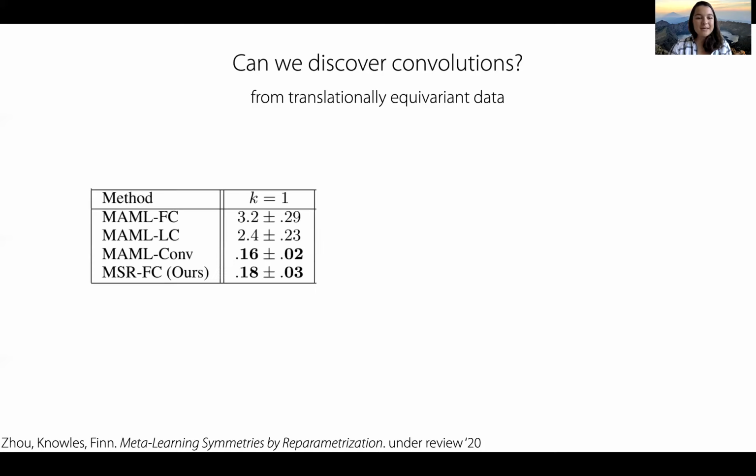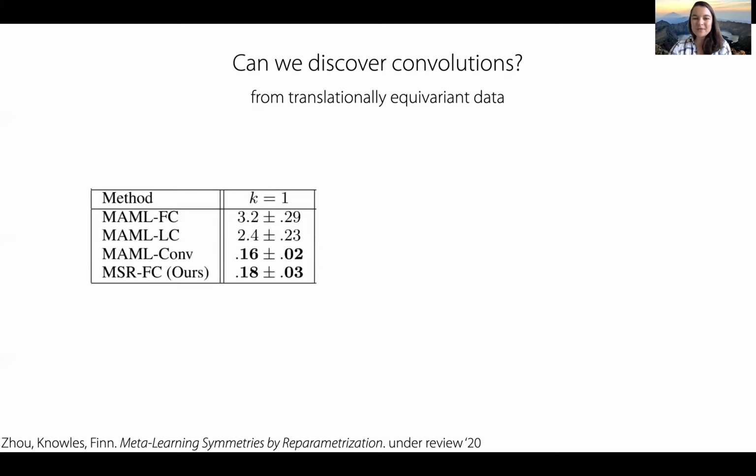And what we see is, if we compare MSR starting with a fully connected architecture to MAML with fully connected layers, locally connected layers, and convolutions, MSR is able to achieve performance that is comparable to MAML with convolution layers, indicating that it's able to learn something to effectively process this translation equivariant data. It's also able to significantly outperform MAML with fully connected layers and MAML with locally connected layers.